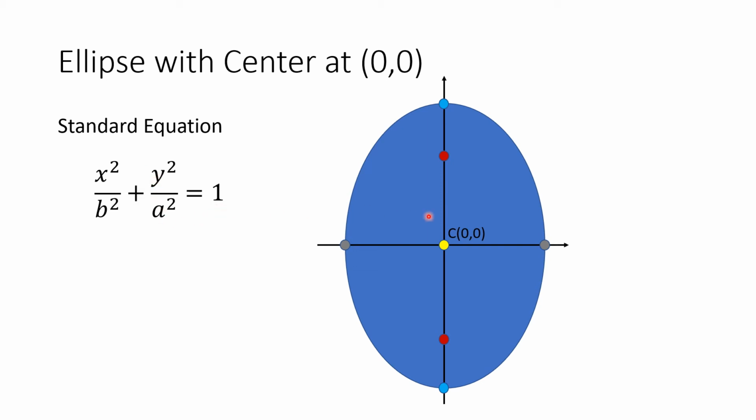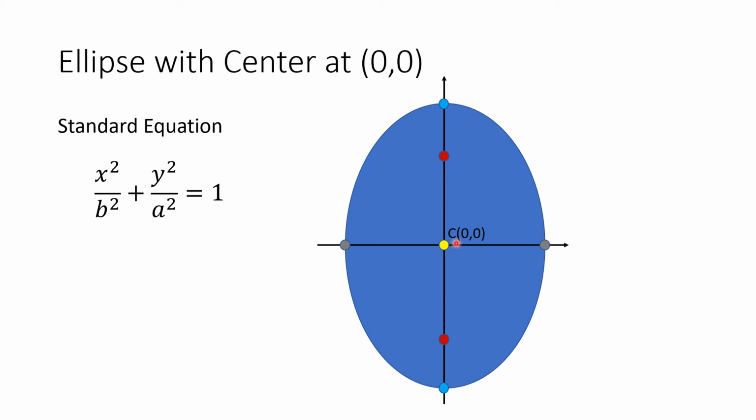So in this type of ellipse, the denominator of y squared will be greater than the denominator of x squared. So from the center, again, going to one of the vertices, the distance is a. Since we move vertically upward and downward, that means the y coordinate of our center will change.